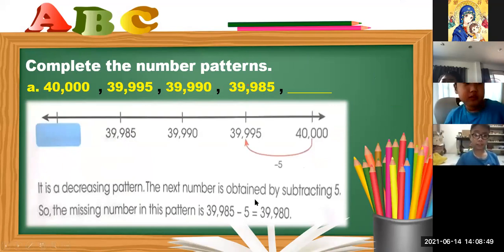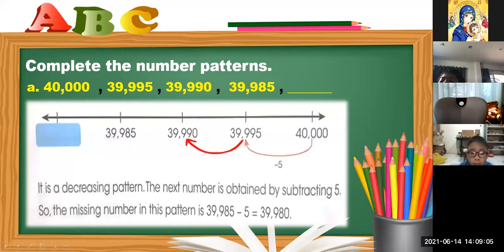The next number is obtained by subtracting. When we say subtracting, it is minus, okay? Minus by 5. So the missing number in this pattern is 39,985 minus 5. Now before that, here we go. From 39,995 minus 5 is 39,990.